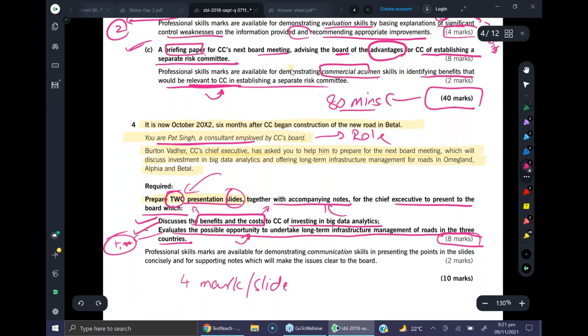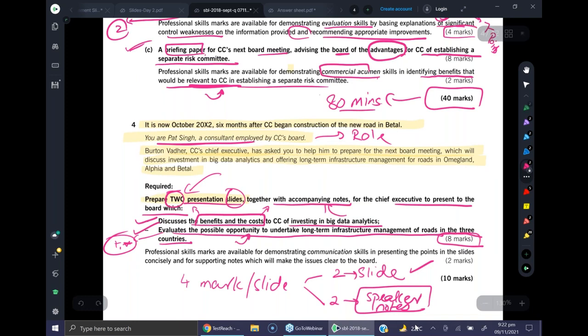Each slide will have a separate speaker notes option for you. 4 marks per slide. And can I say that this is divided as 2 marks for the slide itself and 2 marks for speaker notes? So you make the bullet points on the slide, and on the accompanying notes box, you discuss the bullet points which you made on the slide.